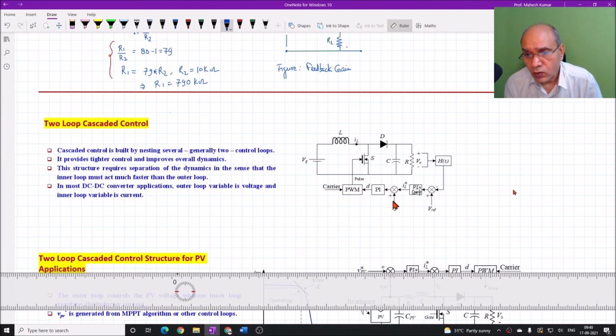So the inner loop is basically the current loop. So this is the inner loop, IL. And then after IL we have an outer loop called the voltage control loop. So this is the voltage control loop here, and if you see, this part is the inner control loop.